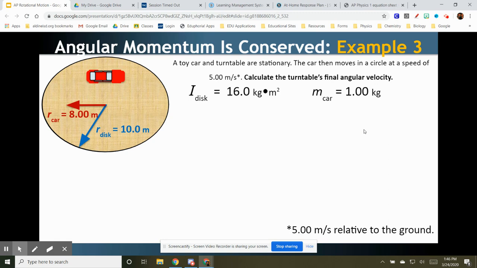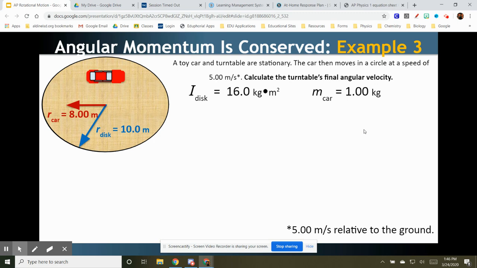We have a toy car and a turntable that are stationary. So initially they are stationary. The car then moves in a circle at a speed of 5 meters per second. Calculate the turntable's final angular velocity.